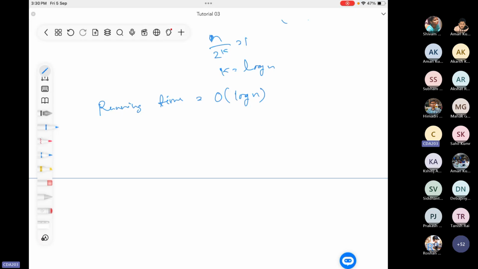Okay, if it is not sorted, then you cannot use the idea that you can discard half of the array by just checking the middle element.